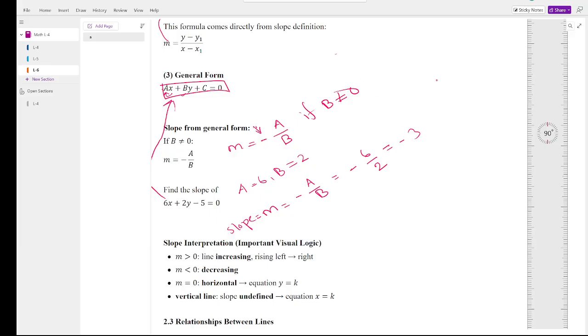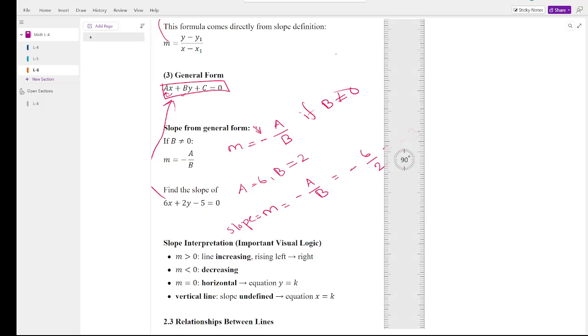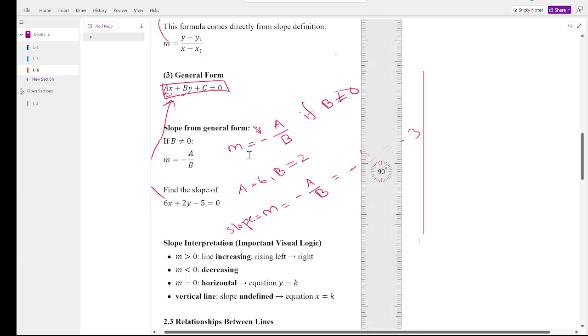And you can find the slope another way. I write the equation here: 6x plus 2y minus 5 equals 0.